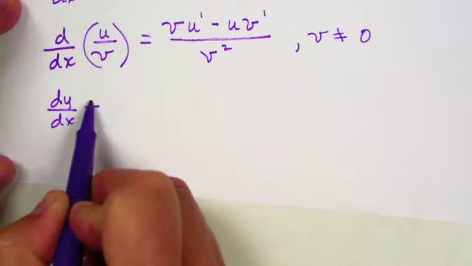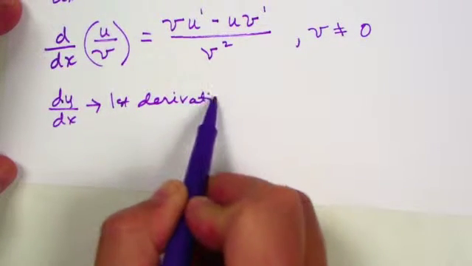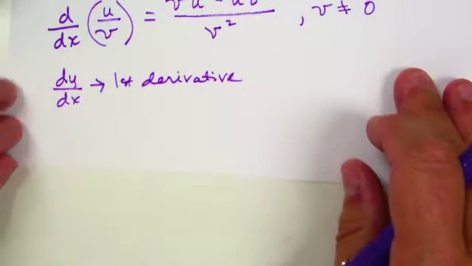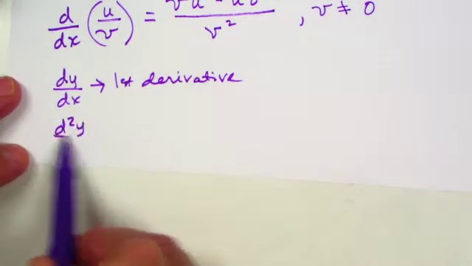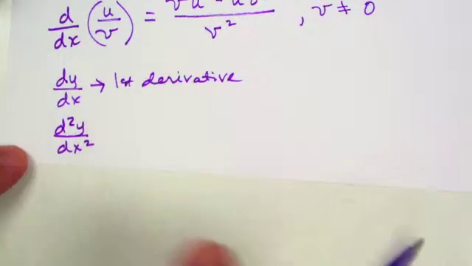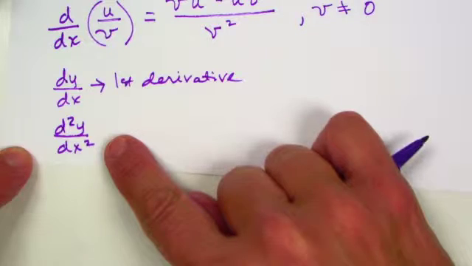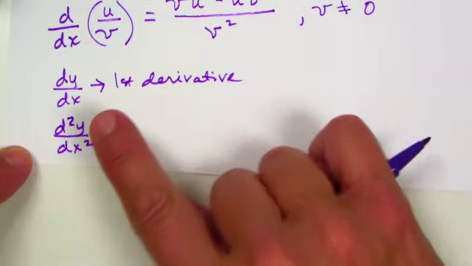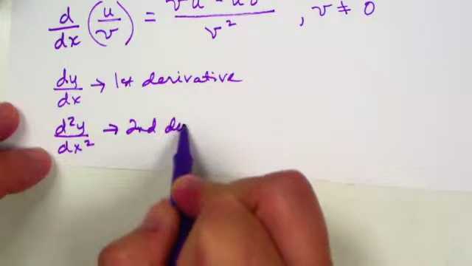Okay, so dy dx would indicate the first derivative. This notation does not mean the derivative squared. This means the second derivative.